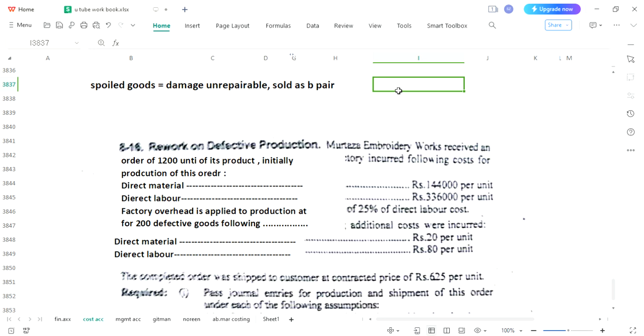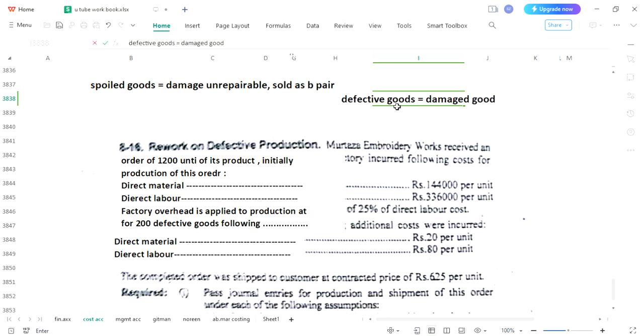The second type of loss is a little different, which is defective goods. As you know, defective goods are again damaged goods, but repairable in a way that they can be sold as A pair.